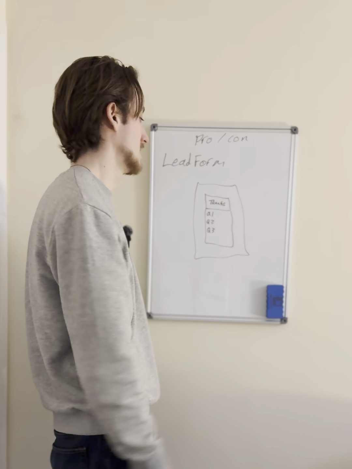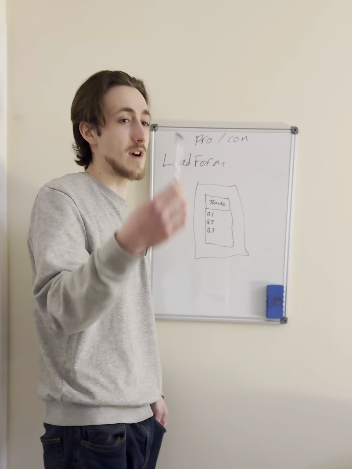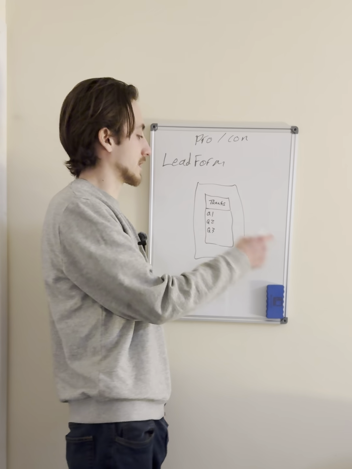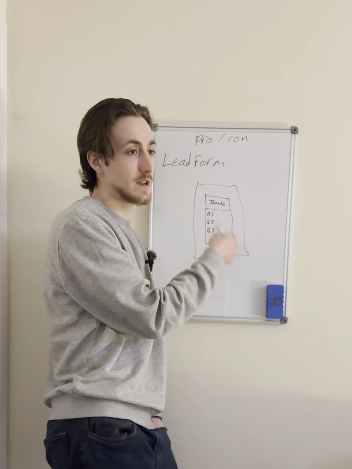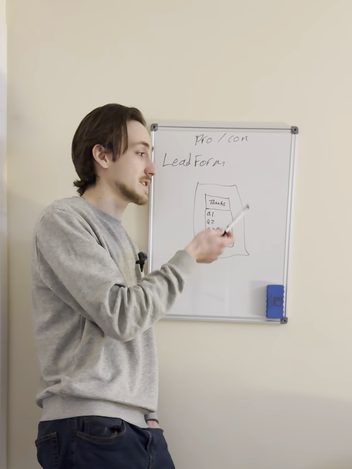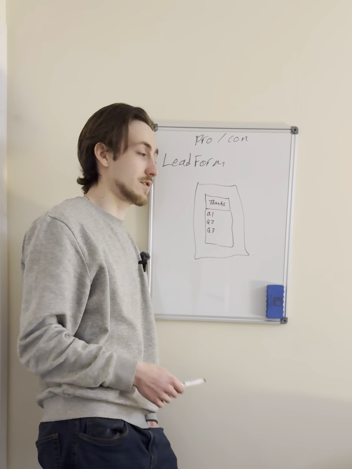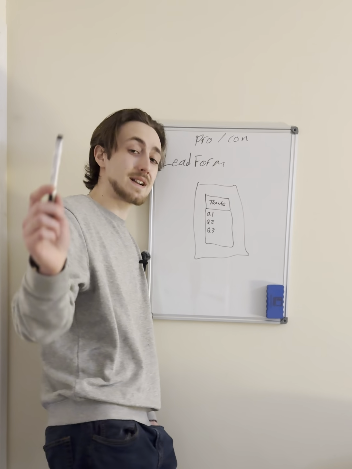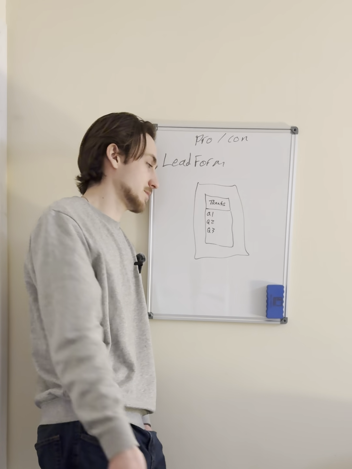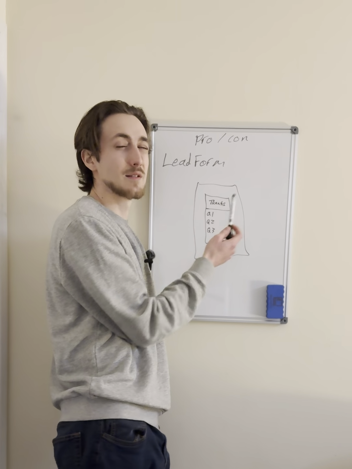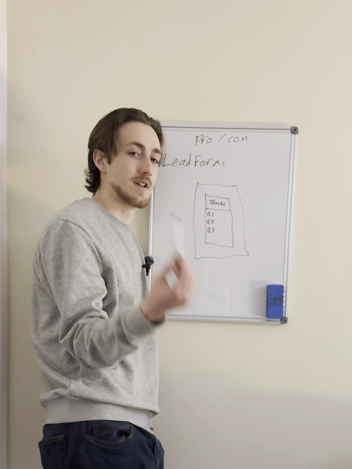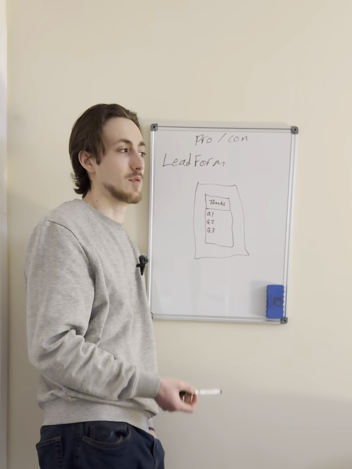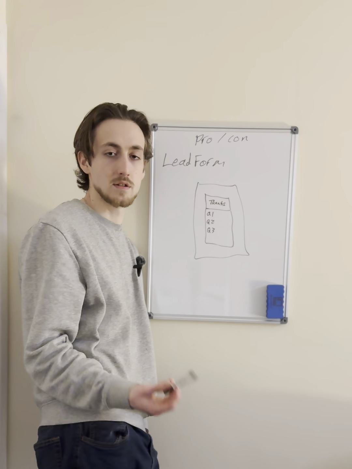Does that make sense? But if you're offering something like ground maintenance, maybe you can include here lawn mowing, hedge trimming, tree surgery, whatever you want to include. You can ask them what kind of service they are most looking for. Going back to whole garden refurb, you can ask them, tell us a little bit more about the project you have planned, or tell us a little bit more about what you want done to your garden, or something like that.